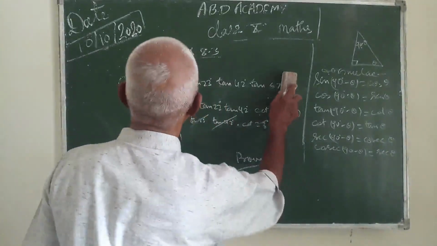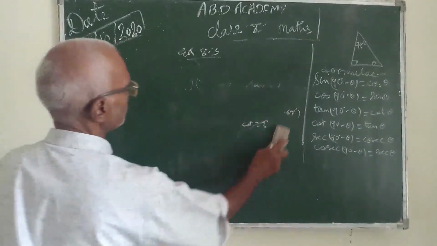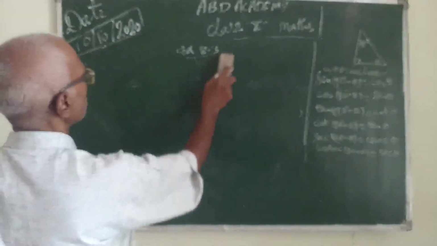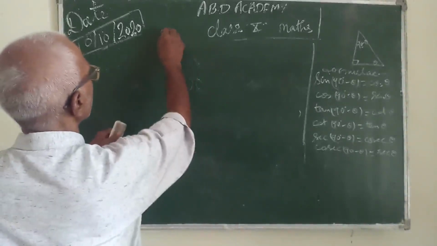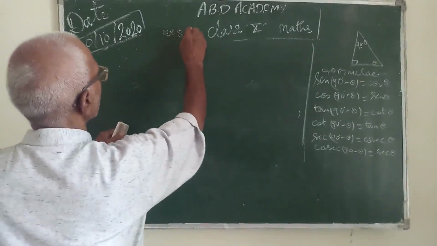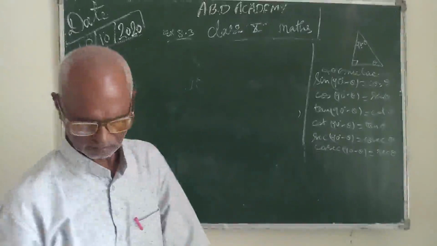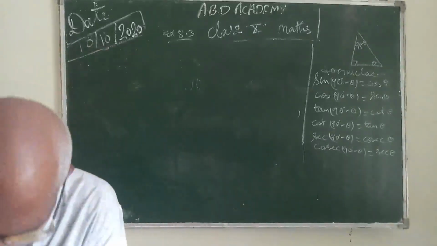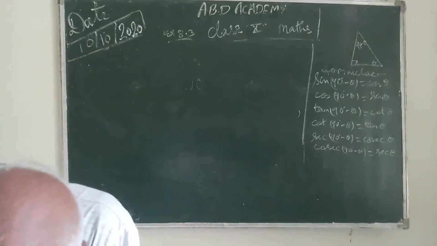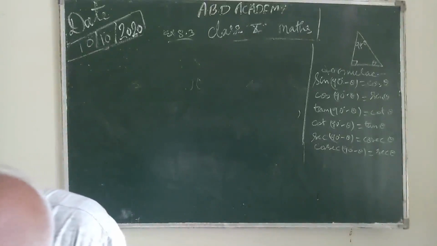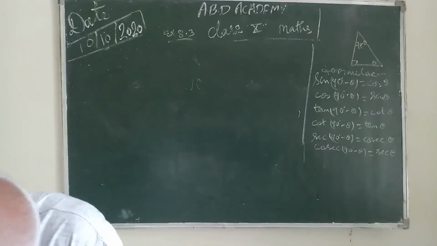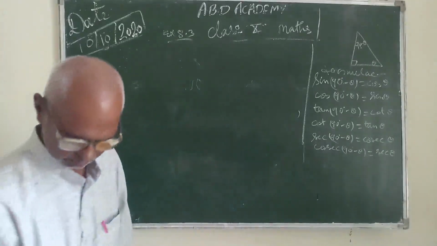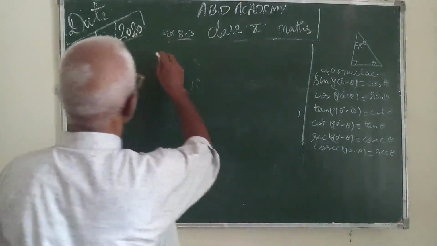Now I shall proceed to question number 3 of exercise 8.3, NCERT. If tan 2a is equal to cot of a minus 18 degree, where 2a is an acute angle, find the value of a. Question 3. Complementary angle.